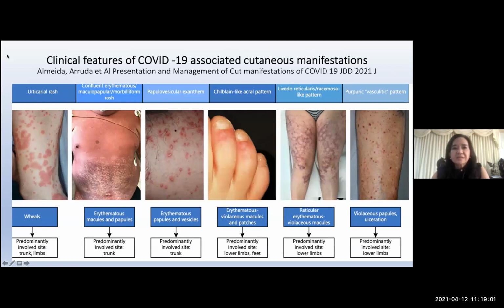These are the classic clinical features of the COVID-19 associated cutaneous manifestations. We have wheals, erythematous macules and papules. Then we also have your violaceous papules or chilblain-like acral patterns, your livedo reticularis and racemosa-like patterns, and your vasculitic patterns.